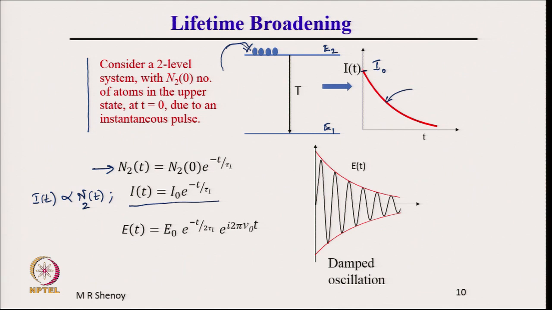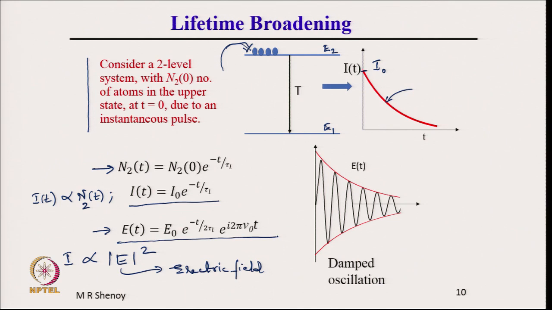If this is the case, we use a heuristic idea that we know that I of t, the intensity, is proportional to mod E square, where E is the electric field. Therefore, we can write the electric field as E of t is equal to E0 into e to the power of minus t by twice tau L. Why twice tau L?